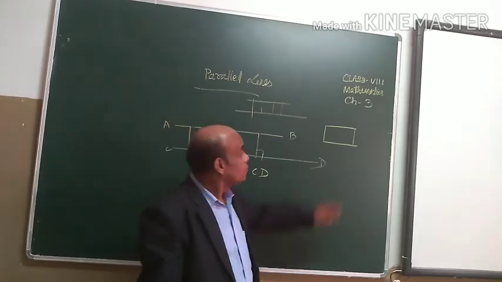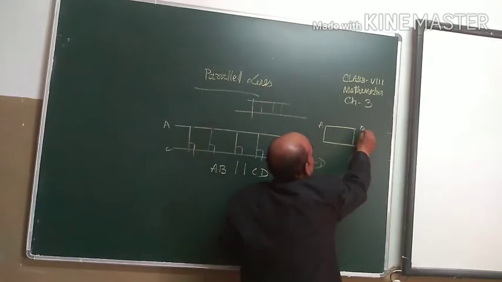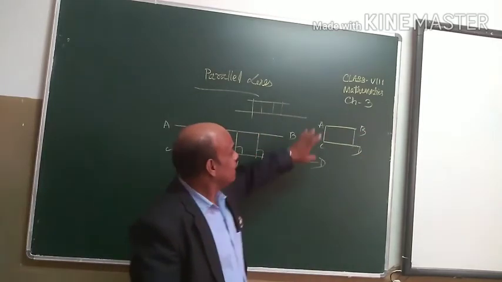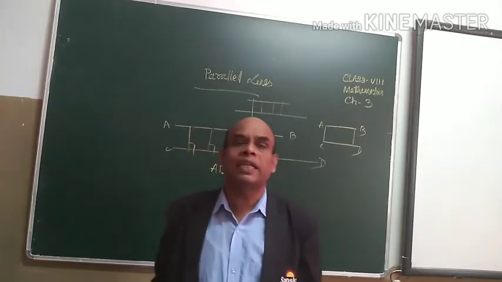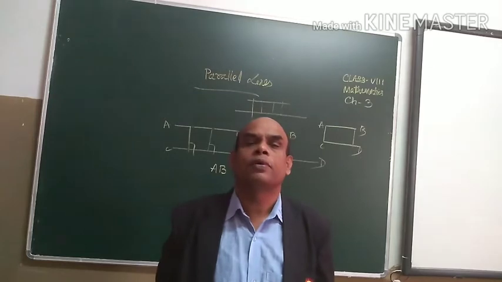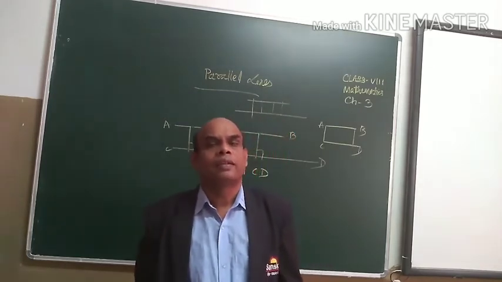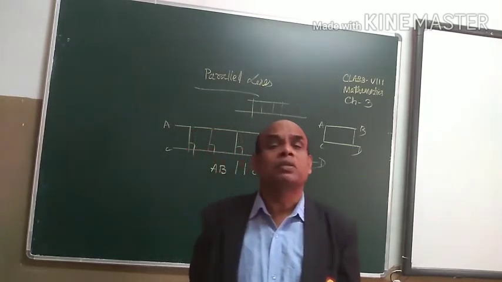So we can say AB is parallel to CD. Similarly, AC is parallel to BD.